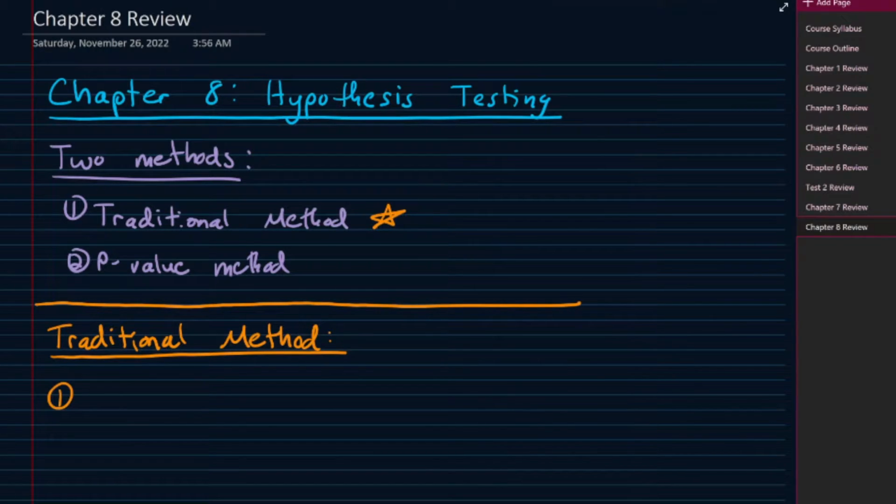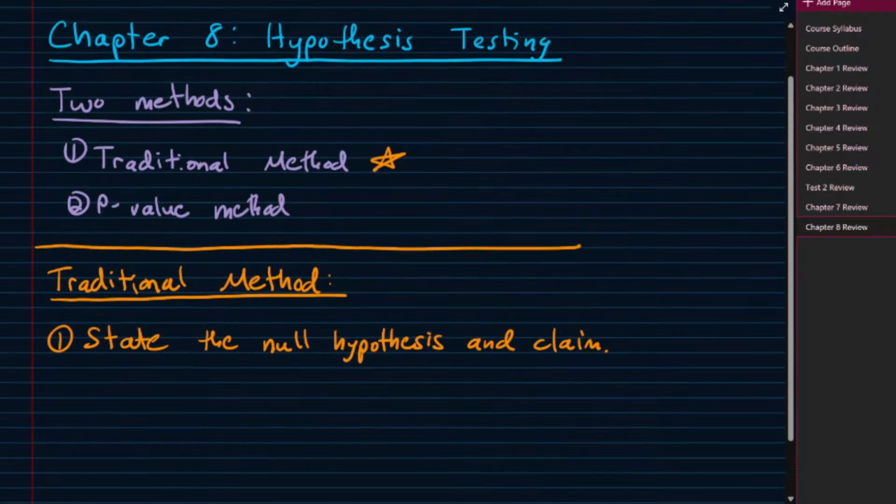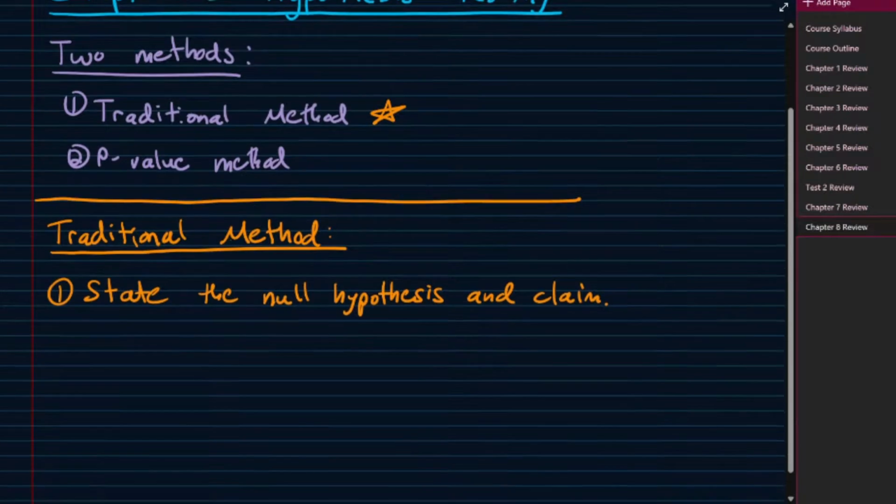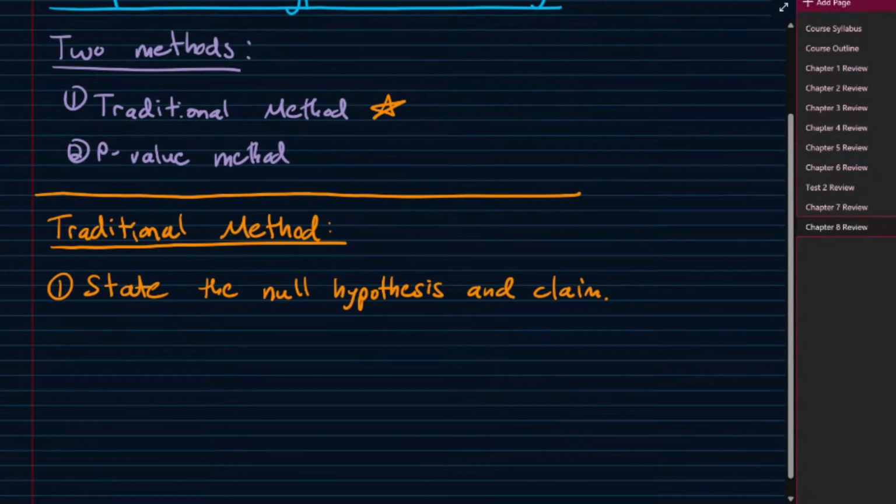Okay, so step one is to state the null hypothesis and claim. We'll talk about all these steps very in depth shortly, but I want to get the whole method down on paper first.